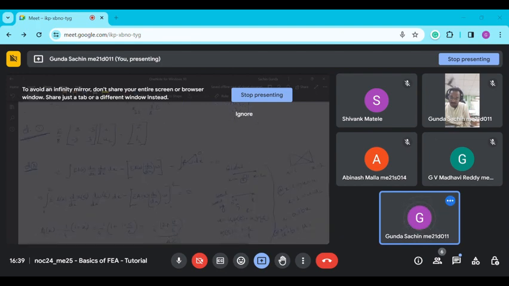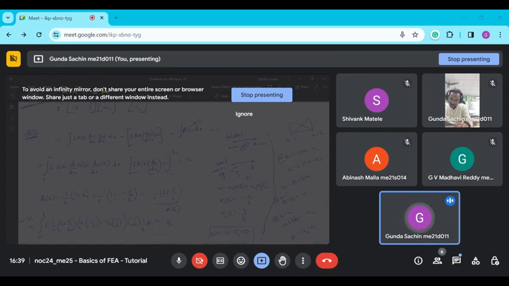So it's clear. You just need to be very careful when you are using the local, standard shape functions. Those are in a different coordinate system, 0 to l. As I said, the global one is x, which starts from 1 meter to 2 meter, but your local one starts from 0 to l.